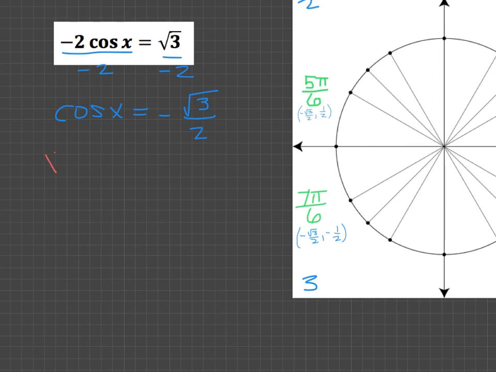Those are 2 solutions, and to include every solution, we want to add n multiples of full rotations, 2 pi. So we add n times 2 pi to each of those angle measures.